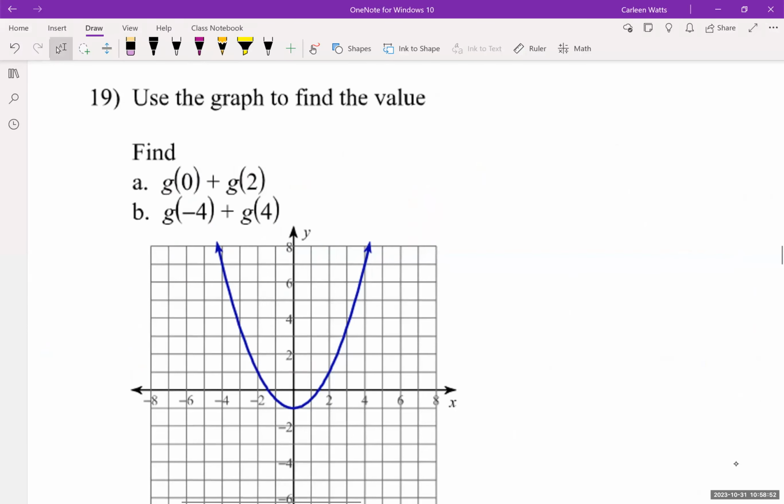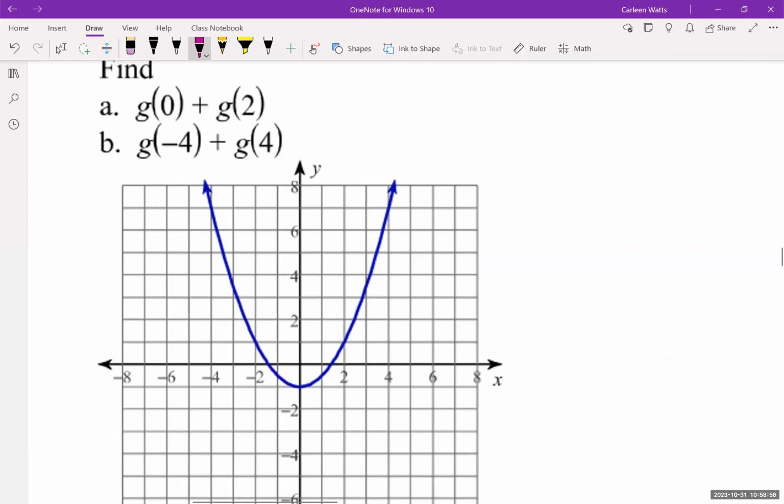Okay. Number 19. I think we started this. We practiced this last week. What is g of 0? So what is the y value when the x value is 0? So when x is 0, the y value is -1.